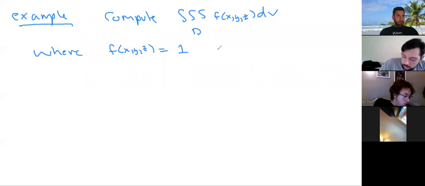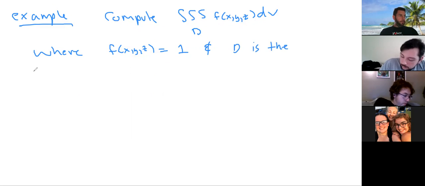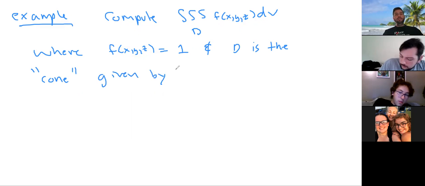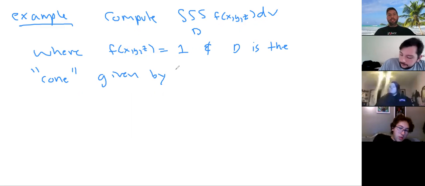And D is the cone given by. Now, imagine, what is a cone? We're going to draw a picture of this in a second, but you guys all know what an ice cream cone is.